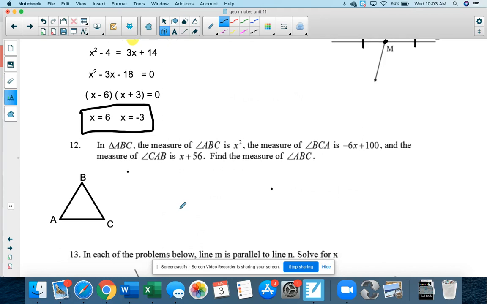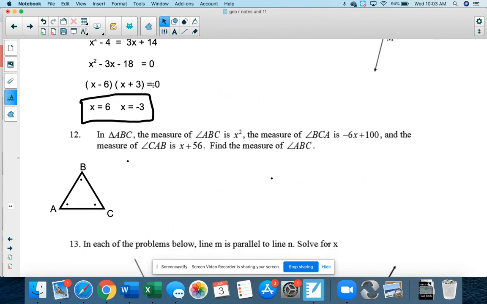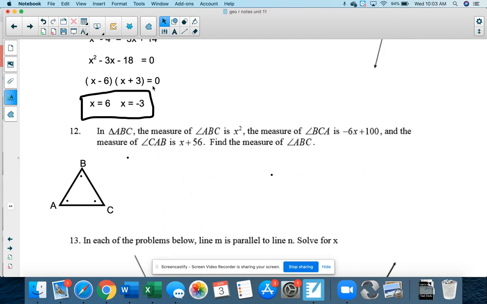All right, number 12, I have a triangle ABC. So angle ABC, which is right here, is x squared. Angle BCA, which is right here, is negative 6x plus 100. And angle CAB, which is right there, is x plus 56. Now think about what you know about the three angles of a triangle. Well, the three angles of a triangle equal 180.